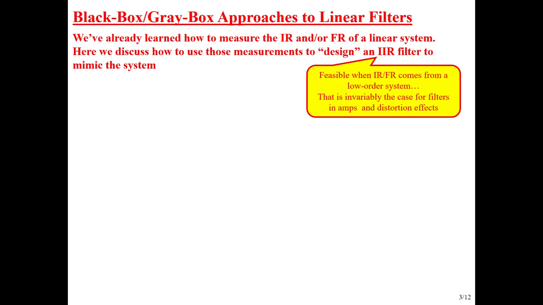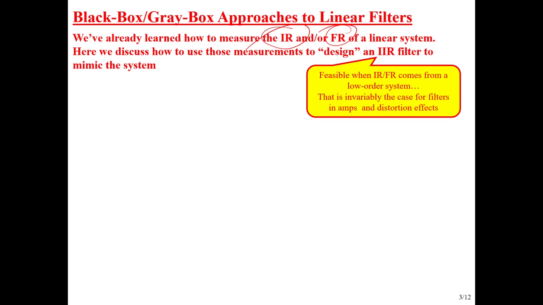Now, we've already learned how to measure the impulse response, or equivalently the frequency response of a linear system. So you shove in a swept sinusoid, whether linearly swept sinusoid or exponentially swept sinusoid. If the thing you're measuring is purely linear, either of those will work fine.